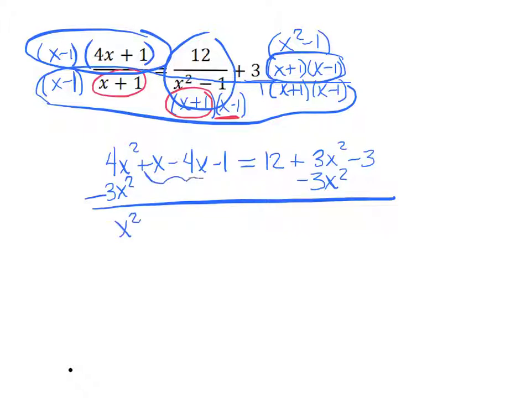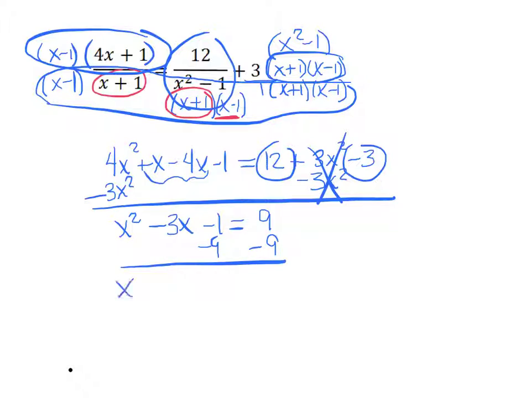Now if I take these two and put them together, I get minus 3x, and then minus 1 equals, now these cancel out over here, I have a minus 3 and a 12, that gives me 9, so now I need to move the 9 over, so I have x squared minus 3x minus 10 equals 0, and now if you use a box or just double bubble, we get x and x, and I believe 5 and 2 will work with the negative 5 and a positive 2.